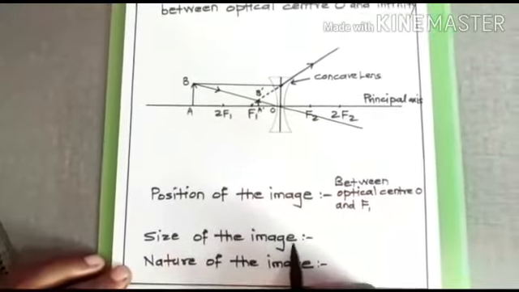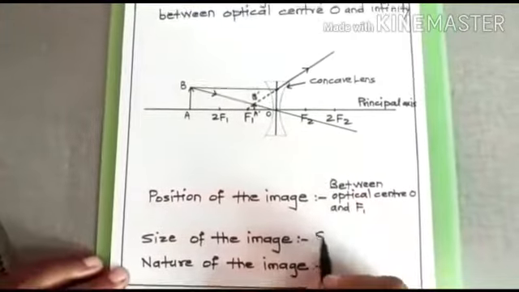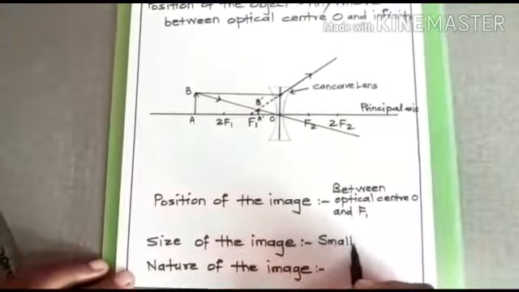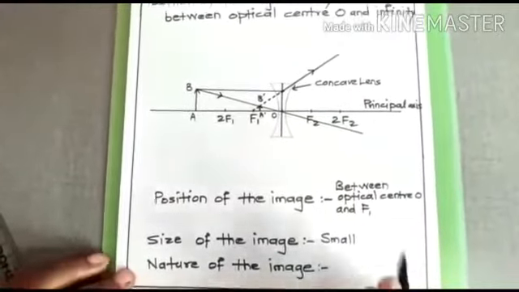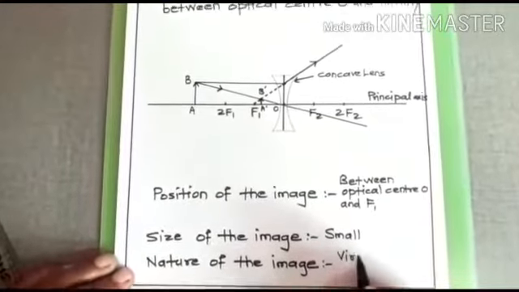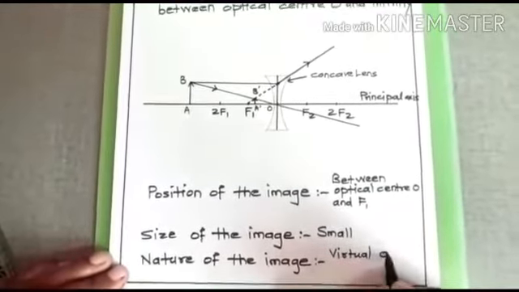Size of the image: smaller than that of the object. Nature of the image: it is virtual and erect.